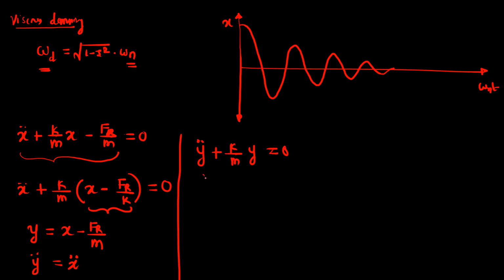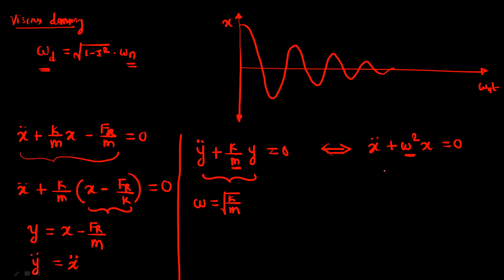Okay, now this equation is similar to the simple harmonic equation, which is x double dot plus omega square into x is equal to 0. Okay, so omega square means this term k upon m. So for this equation, its frequency omega is equal to square root k upon m.